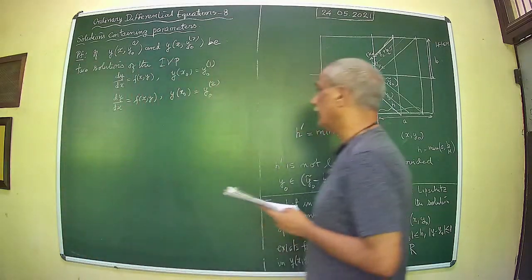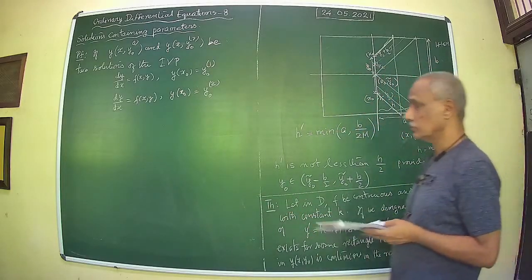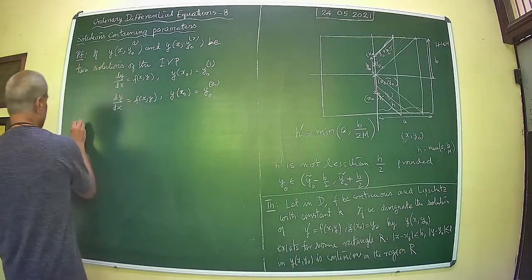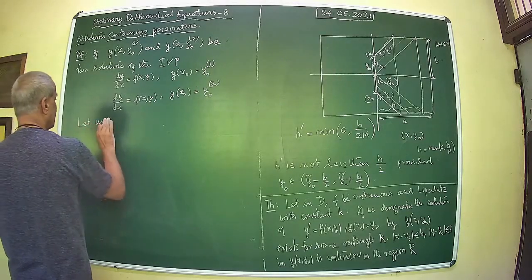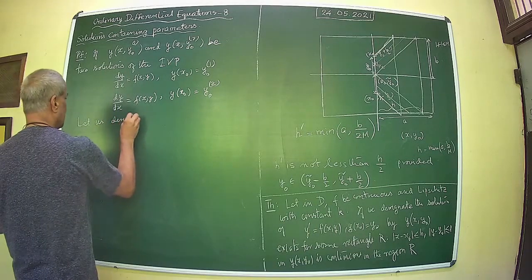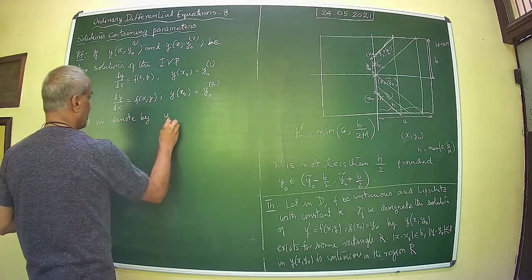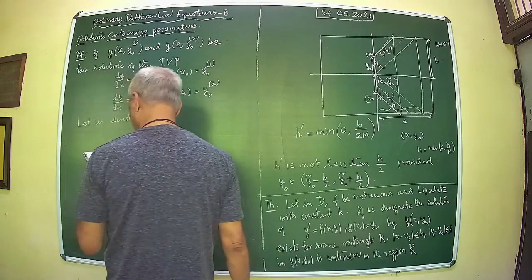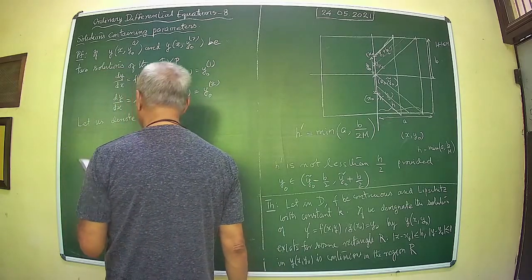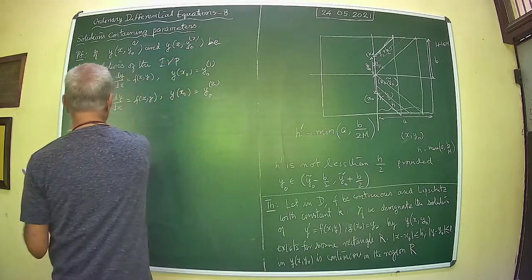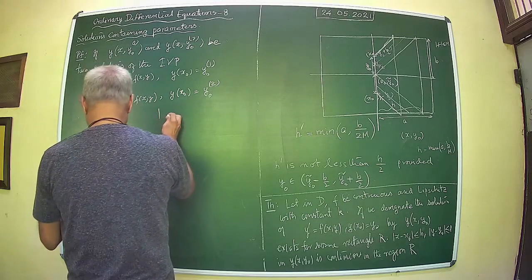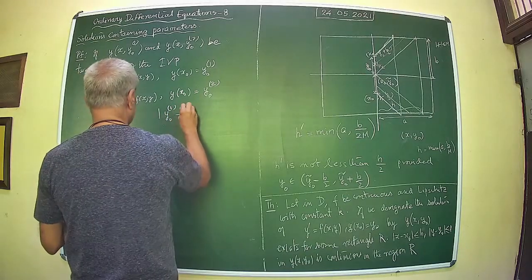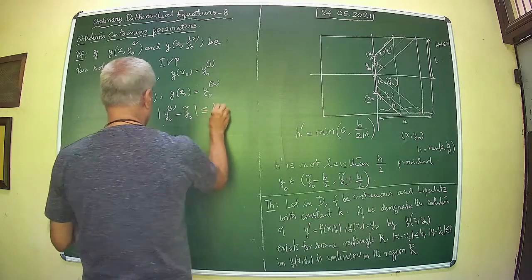This y01 and y02 are different. Okay, we assume this also, that is |y0i - y0 tilde| is less than or equal to n.